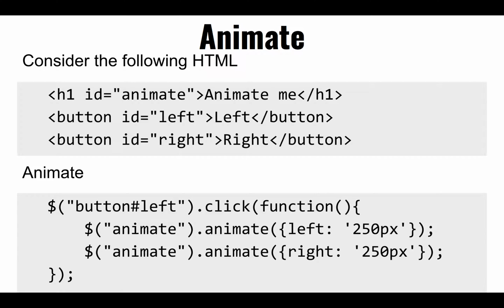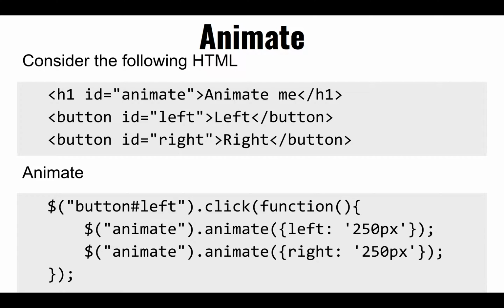And you can say, when you click on the button left here, I'm going to call this function. So it means grab the animate element here. Oh, this should be a hashtag here. Sorry, hash animate, an ID animate, this one, and animate left 250 and animate right 250, right?